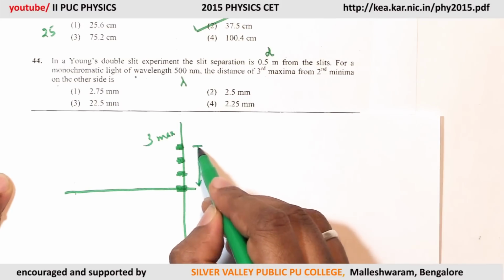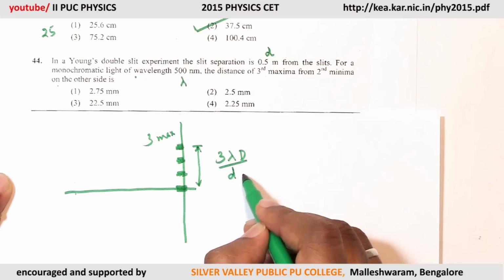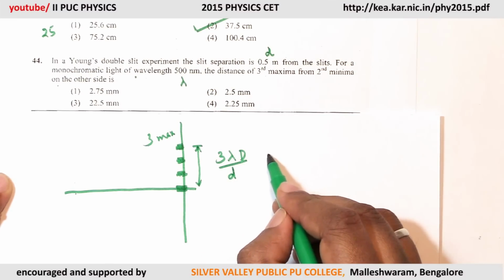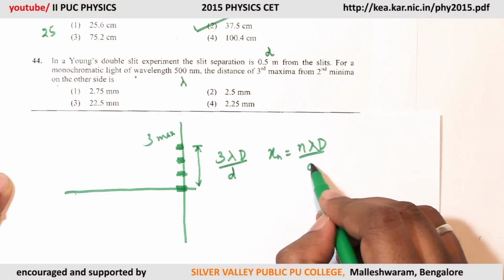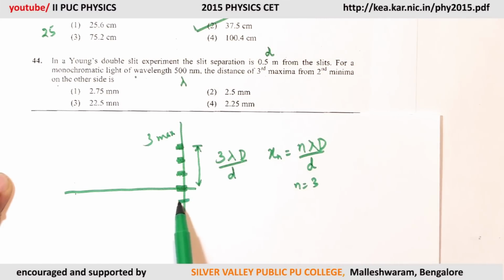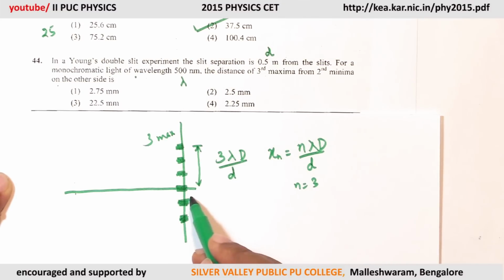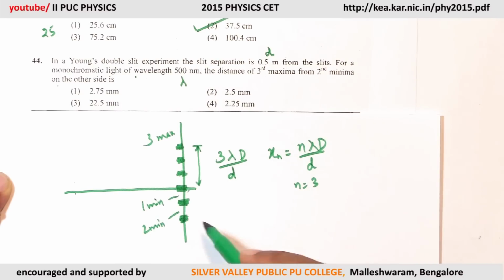This distance is 3 lambda capital D by small d. How is this obtained? Xn equals n lambda capital D by small d, n equal to 3. Okay. First maximum, second maximum, this is first minimum, this is second minimum. On the other side means this distance.